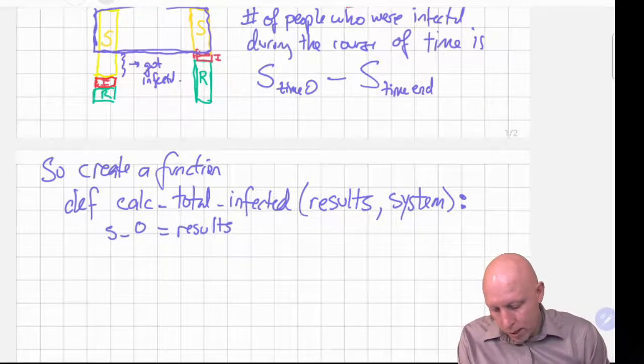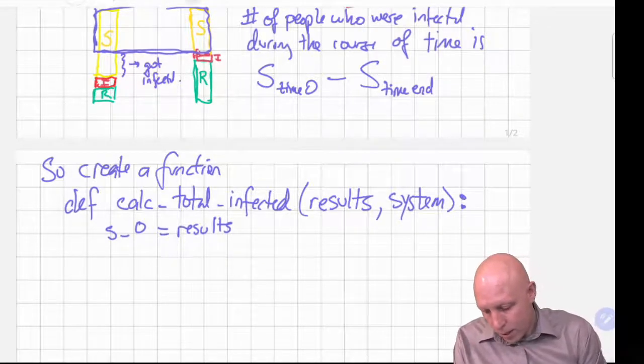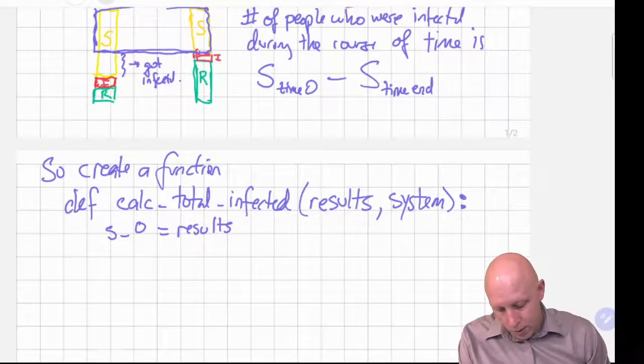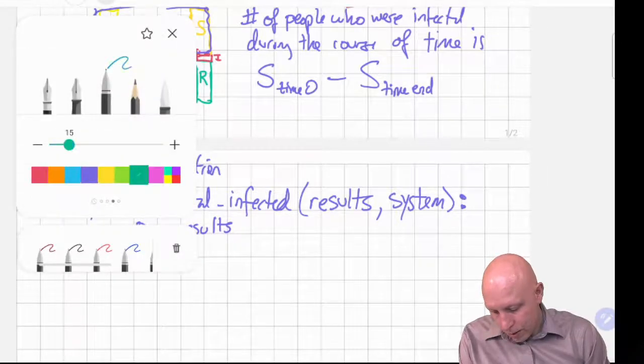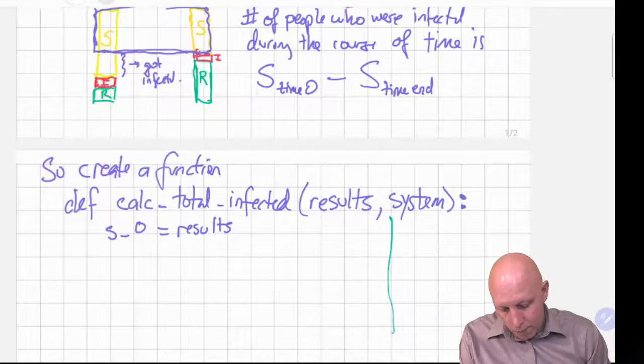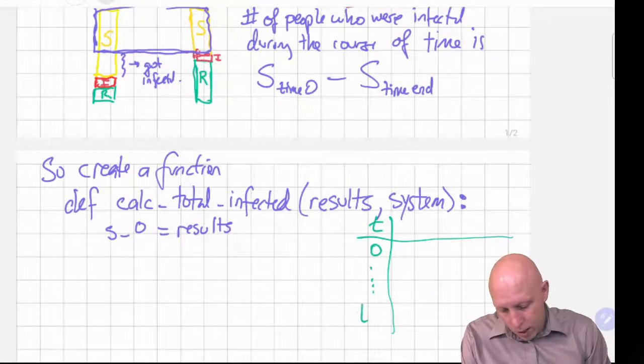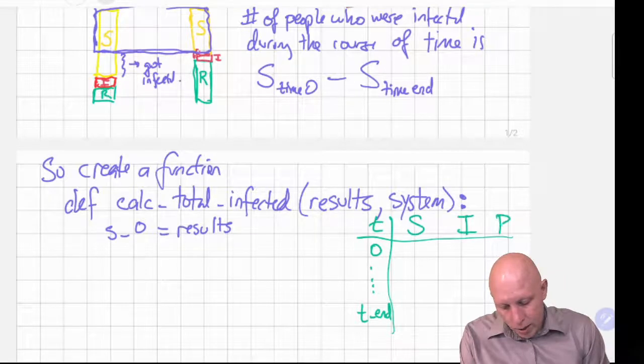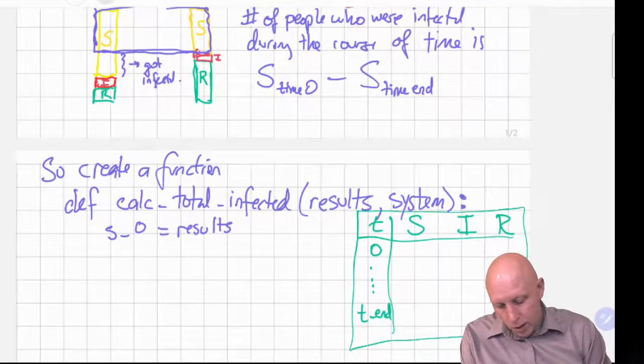So let's draw that here. Let's draw this on the side. We have our time frame. Remember, our time frame looks like this. T goes from 0 up to T end. And then we have S, I, and R. So this whole thing here is results.